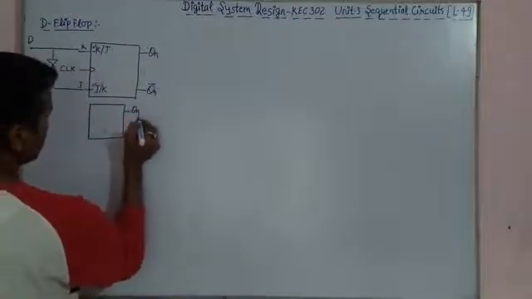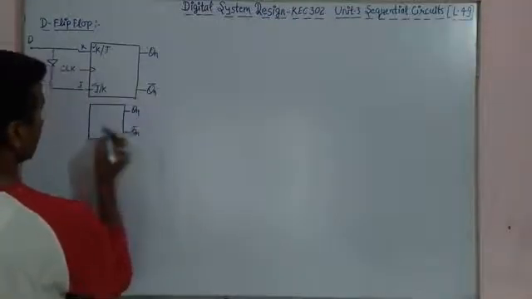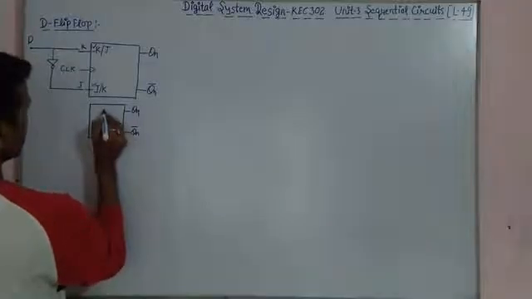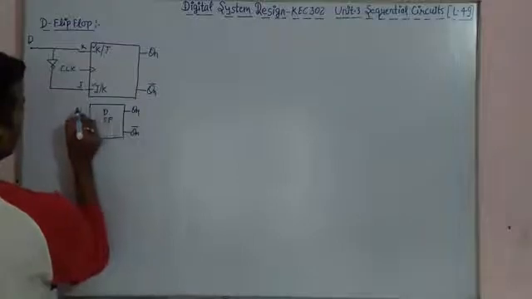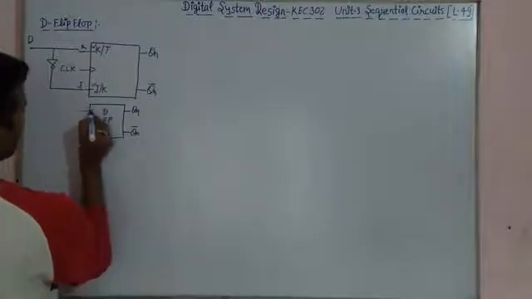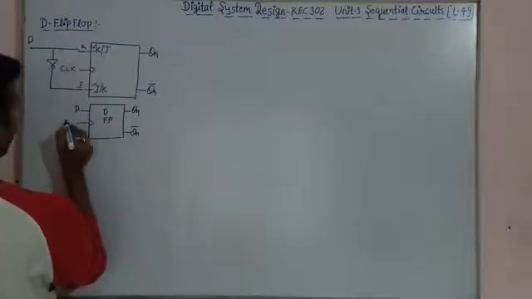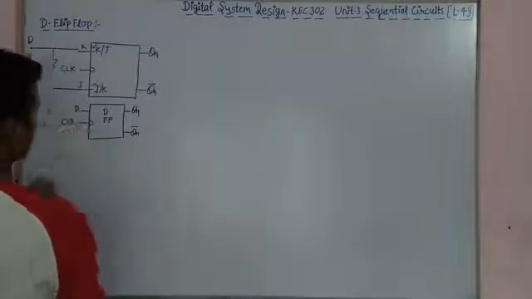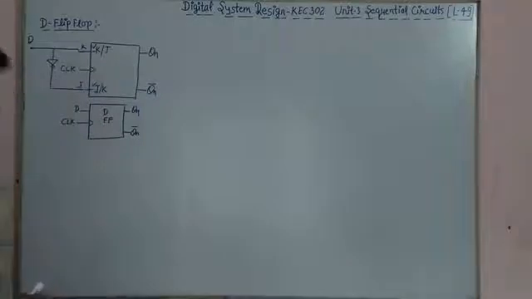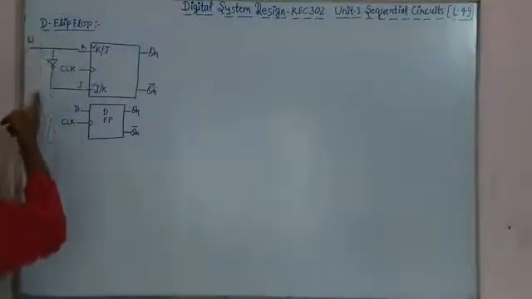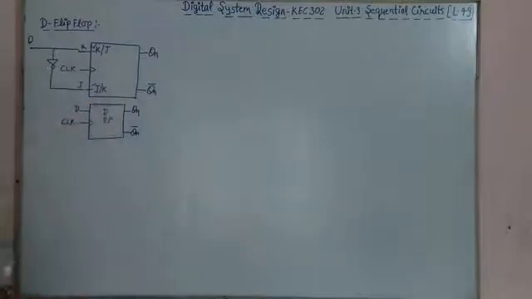Here Qn and Qn bar, this is the D flip-flop, and here D, and here clock. So this is the symbolic representation for this D flip-flop, and all these things are inside this box.